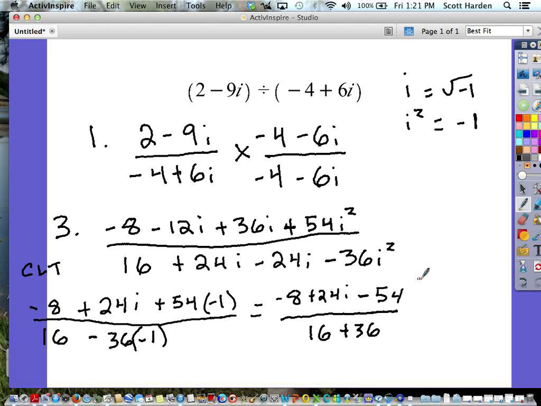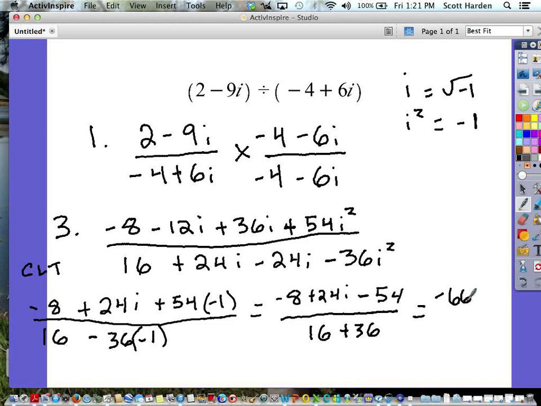All right, now, on the top, I can combine like terms. I've got negative 8 plus negative 54. That's going to be negative 66. No, it's not, Coach. Yeah, it is. That's right.